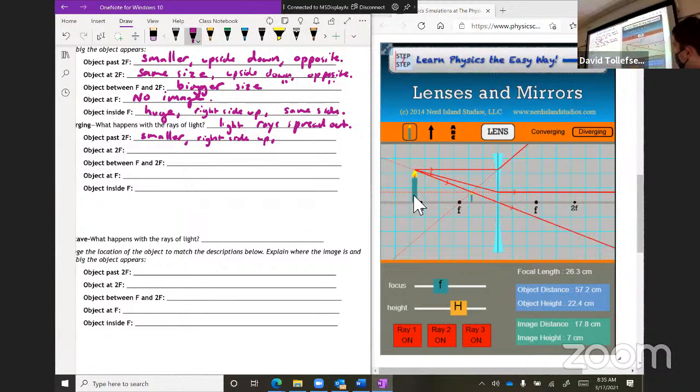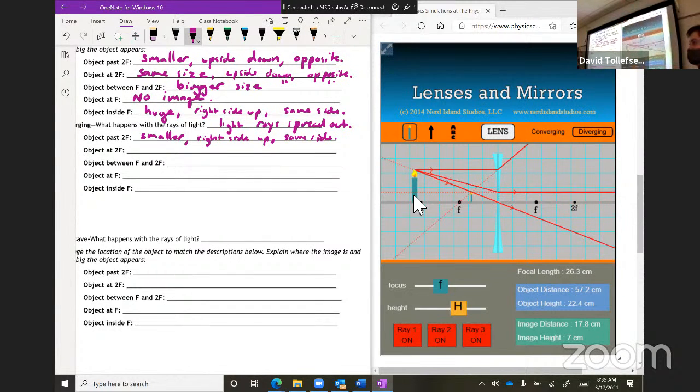And is it same side or opposite side? Same side. So a converging lens focuses the rays and makes things look bigger. A diverging lens spreads them out, and that would make things look smaller. So if you have a diverging lens, you could make things look further away.